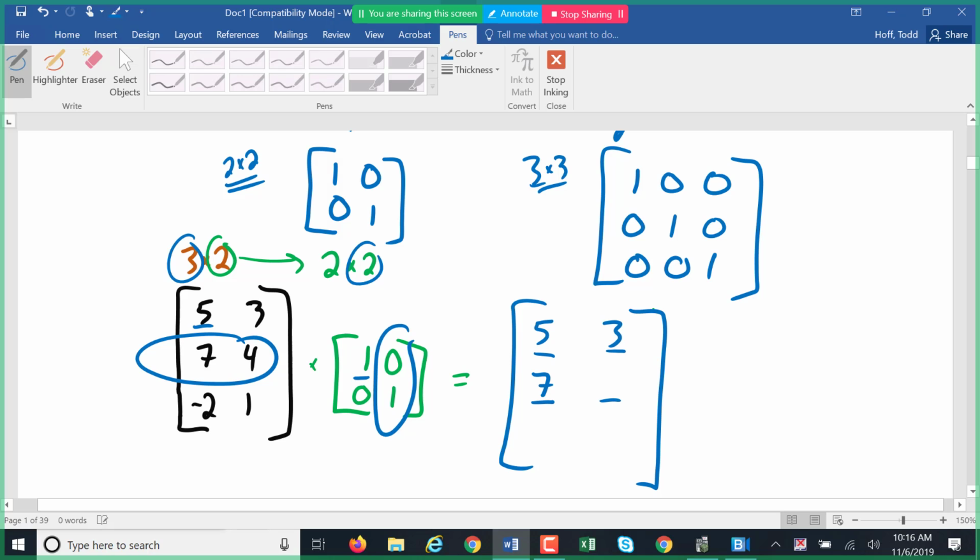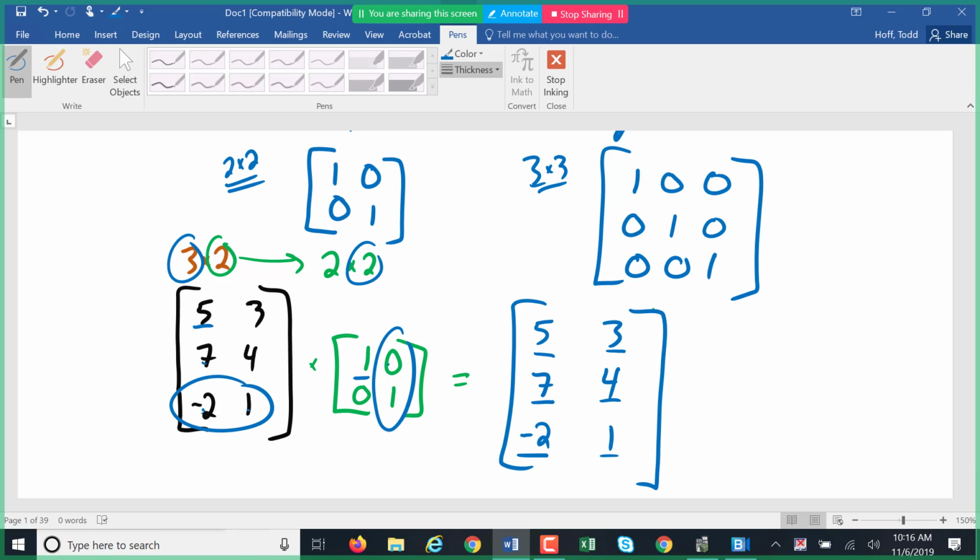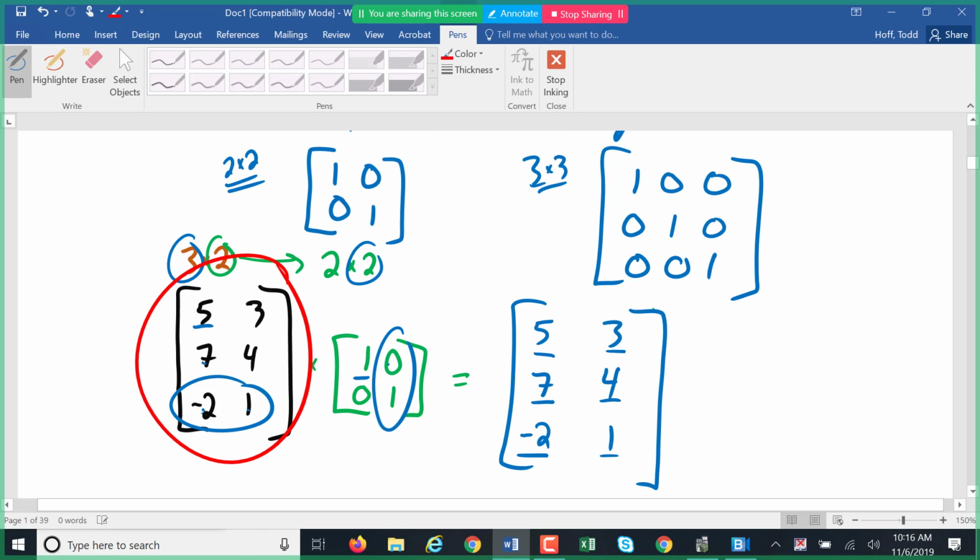Row 2, column 2, I got 7 times 0 and 4 times 1. That's just the 4. Row 3, column 1, so row 3 times column 1, I've got negative 2 times 1 and 1 times 0. That just gives me the negative 2. And finally, row 3, column 2, negative 2 times 0 is 0, 1 times 1 is 1. So it just gives me the 1. Note, that gave me back the same matrix I started with. That's called the identity matrix.